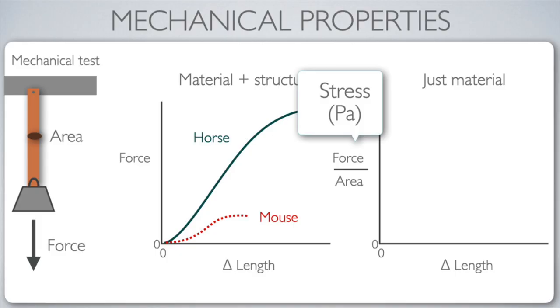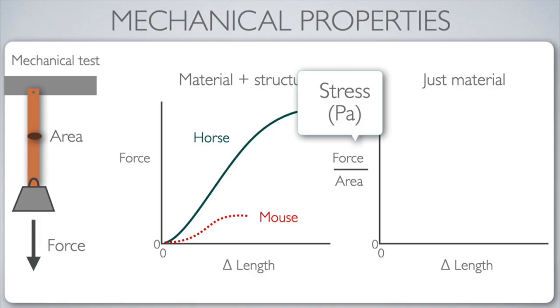What about length? Here, the initial length does really matter. If you have a super long tendon and you hang a weight on the end of it, it's going to tend to stretch more than if you had a really short tendon.